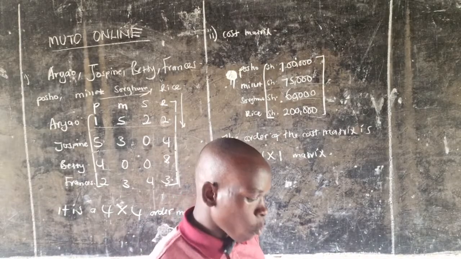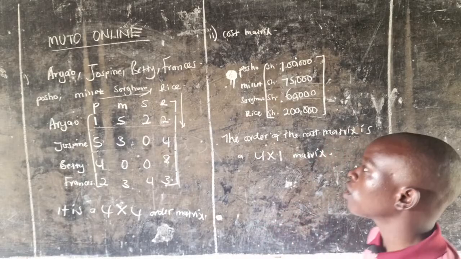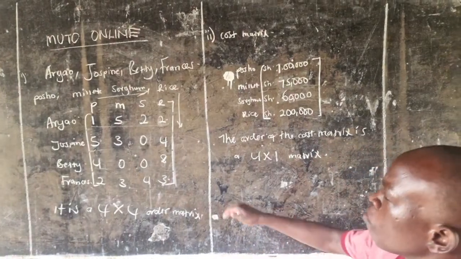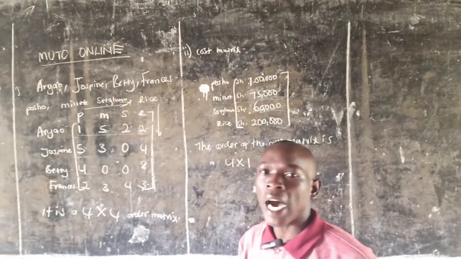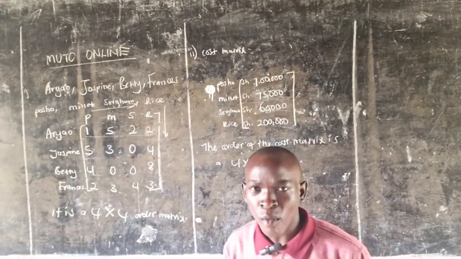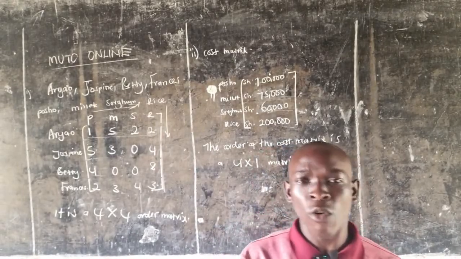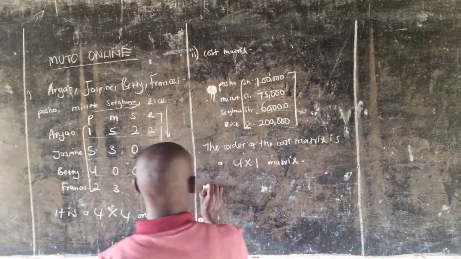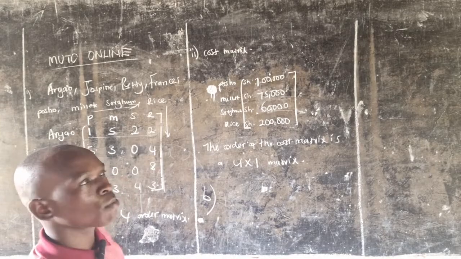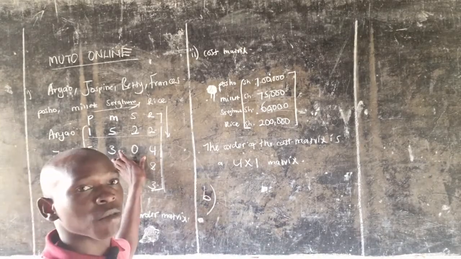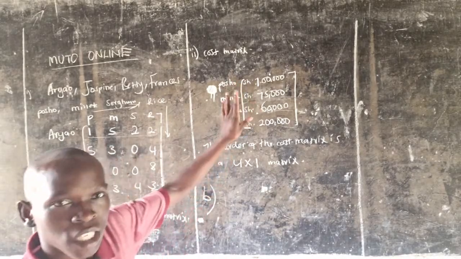Then part B, what do you think is the appropriate order of matrix multiplication for computing total expenses? So they want us now to multiply this and that. But before we multiply, they're asking you, who is watching this video, what do you think is the best order? You see, these are the commodities or items purchased by each of these members, and then this is how much each bag costed them.